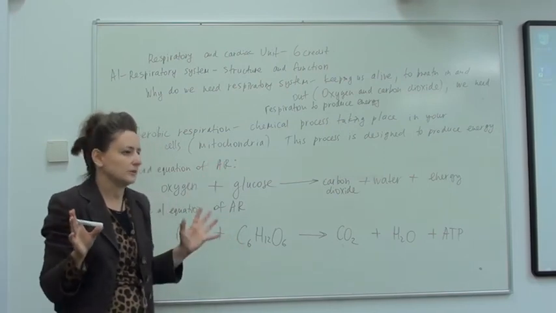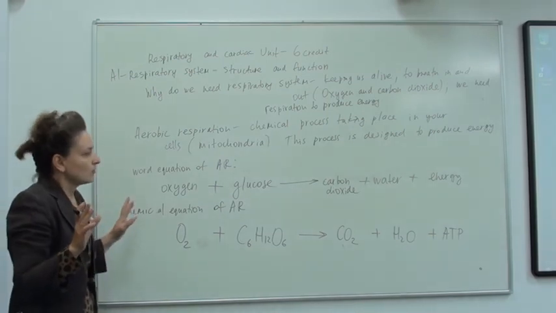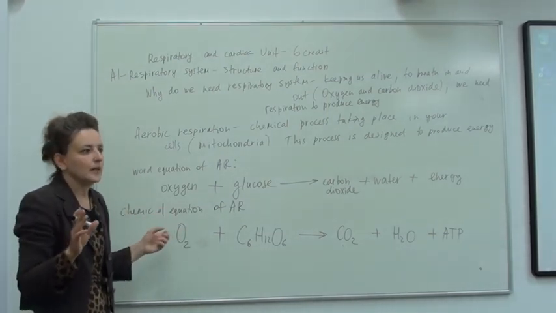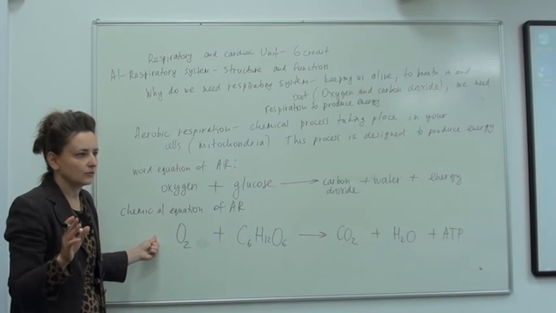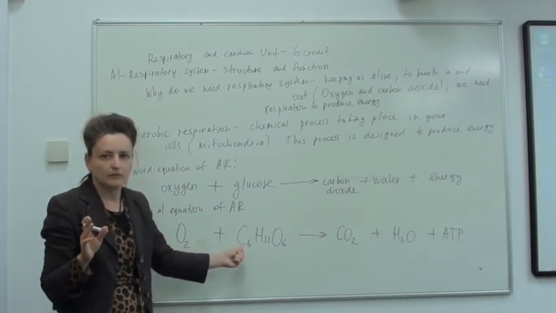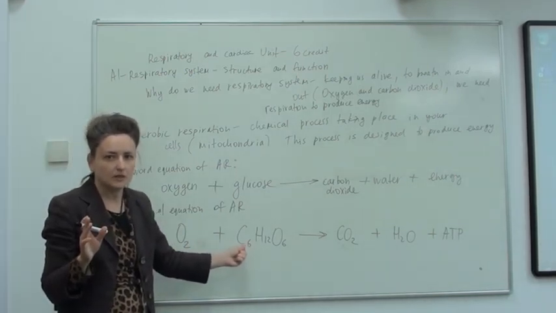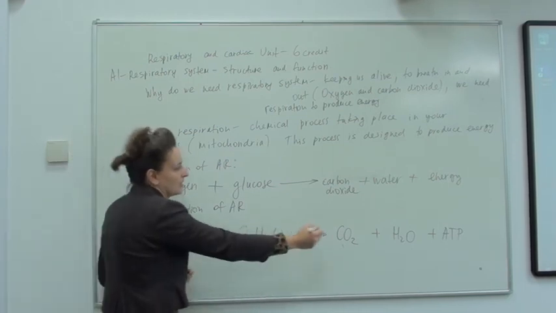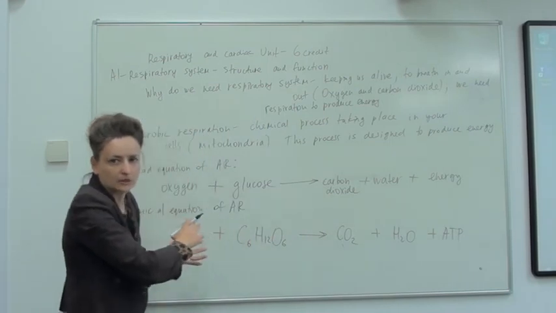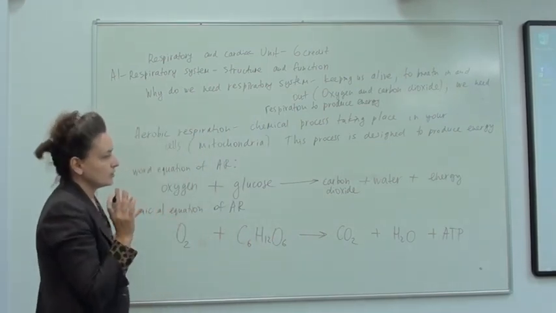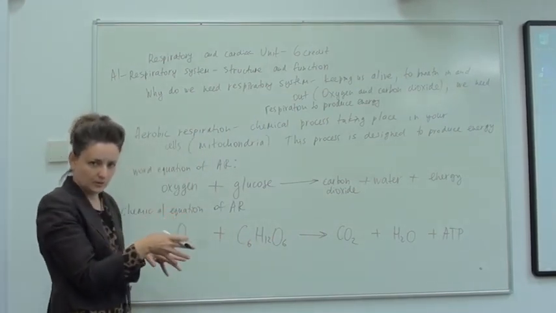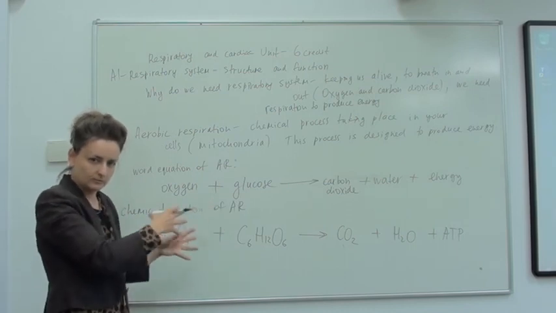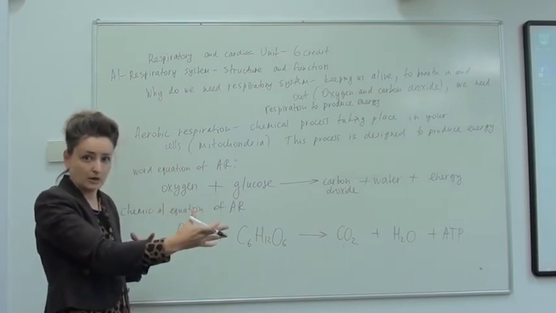So what you're allowed to do is put any number in front of any of your molecules. That's your choice, any number you like. I can put 2 here, I can put 3, I can put 6. And you need to find a combination of numbers which would then balance that equation.